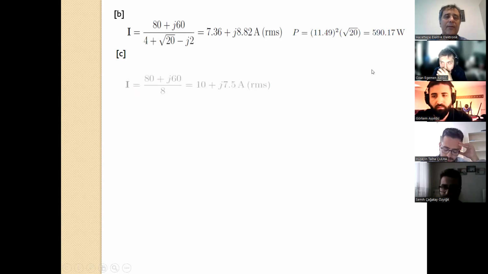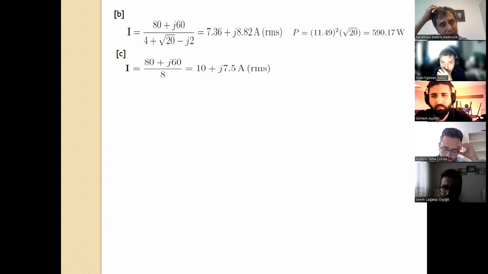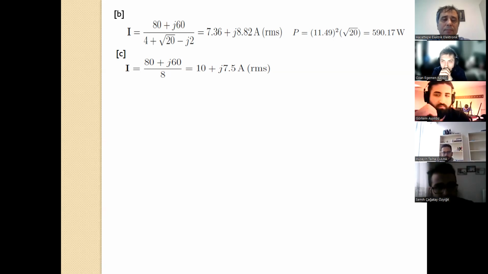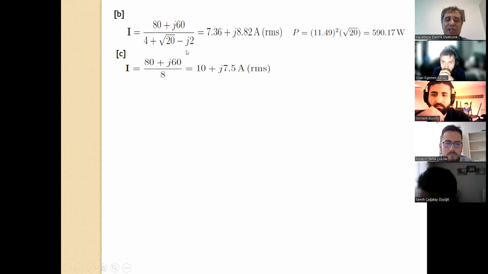Part C, now we are going to replace the output resistance with limitless impedance. So reactances will cancel each other. The result will be that the denominator is 8, summing up the resistive value, that's it.